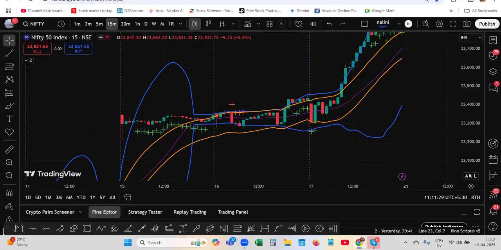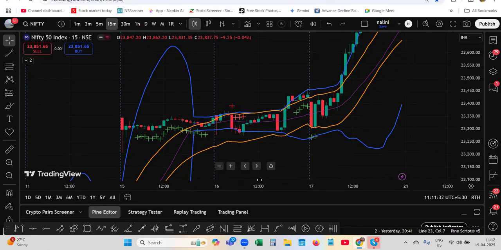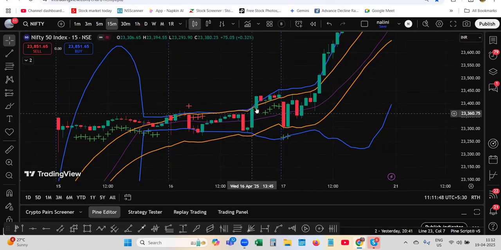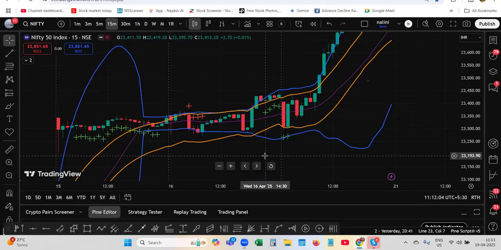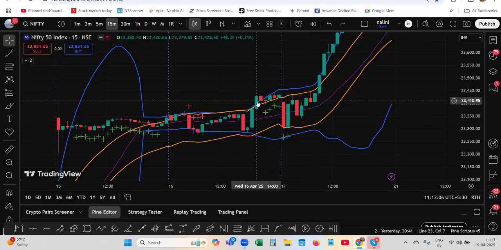Here in the 15 minutes time frame, you can clearly see the Bollinger Band squeezed inside the Keltner channel, and you can see the expansion of the Bollinger Band outside. That was yesterday. Yesterday, around 1:15, you might have seen an aggressive move in the market. The price moved from 23,299 to 23,431 within 3 15-minute candles.